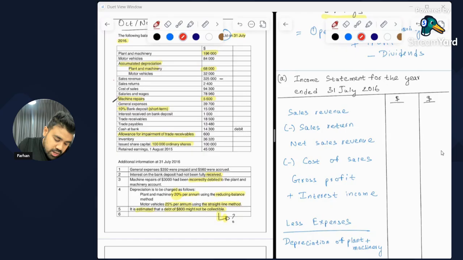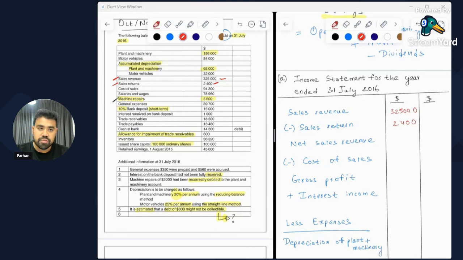I'm just going to tick with red because it implies that I have already utilized this number. So $325,000 is the sales revenue. Then we subtract the sales returns, which is right underneath the sales revenue, of $2,400. Once you subtract the sales returns from sales revenue, 325,000 minus 2,400, I'll need a calculator.